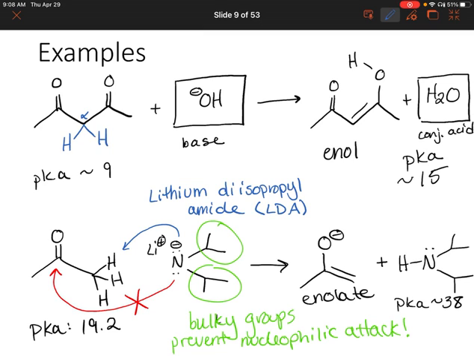You avoid that nucleophilic attack that could potentially occur. And the pKa of the conjugate acid is really high. So that will definitely help us move towards the products and will avoid a mixture at the end.